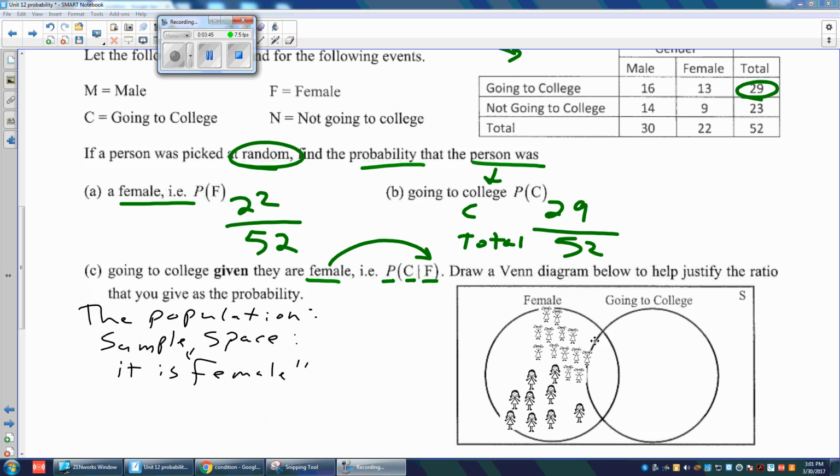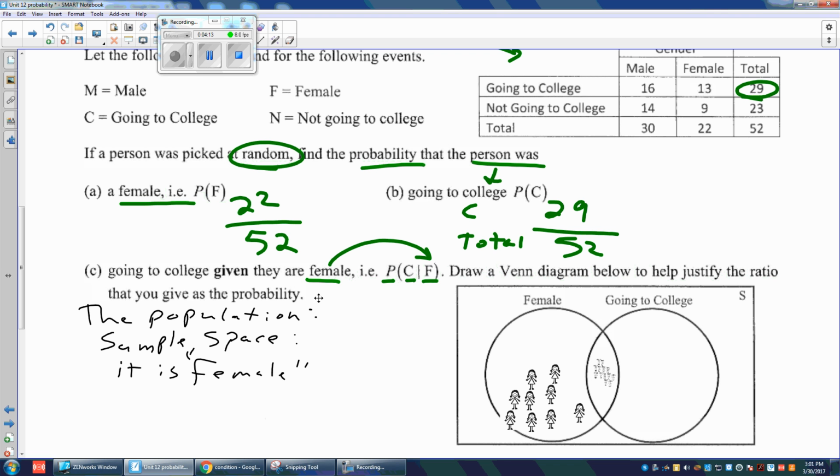If you're a girl, you have to stay inside the girl circle. If you're going to college, you have to be inside the college circle. Okay, girls, let's get into that space. Suck in your guts. Squeeze. There we go. How many went in there? 13. How many are not? 9, 1, 2, 3, 4, 5, 6, 7, 8, 9.